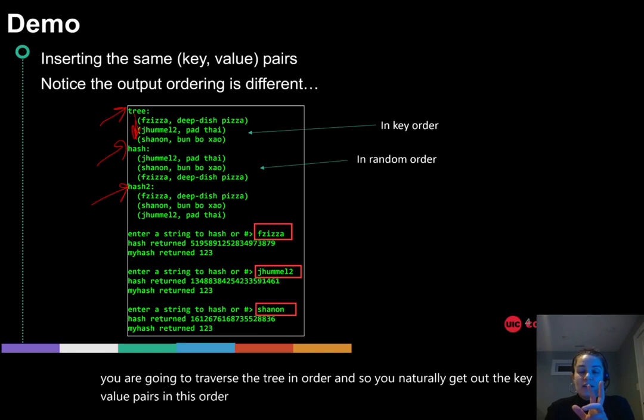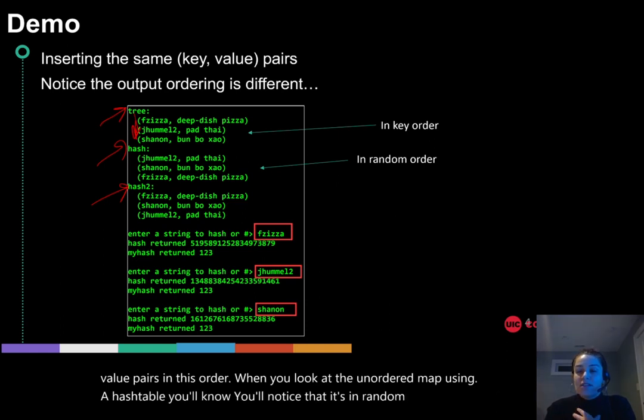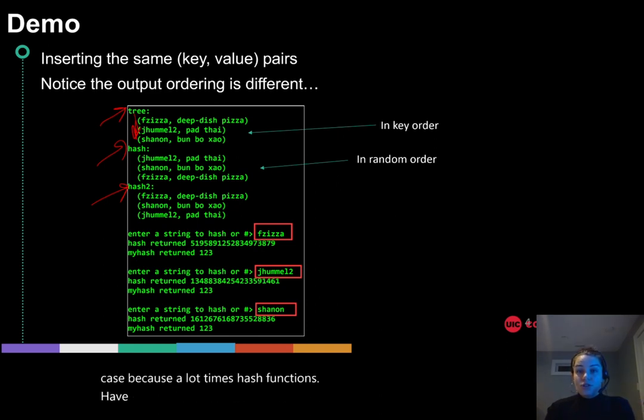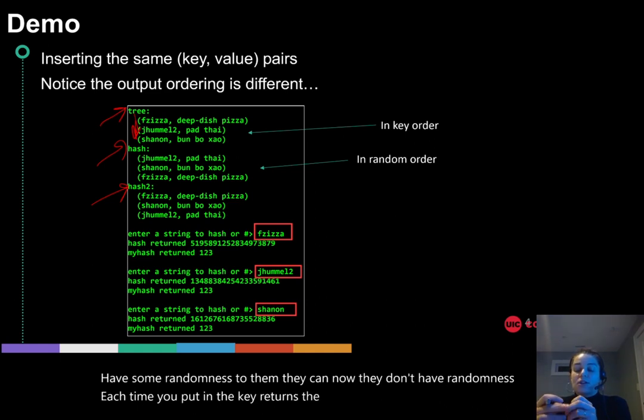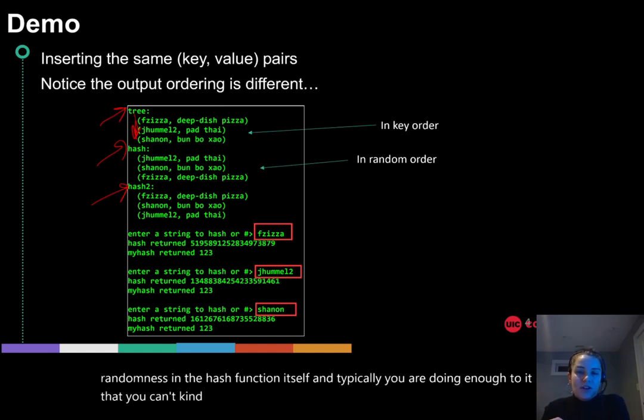When you look at the unordered map using a hash table, you'll notice that it's in random order. This is often the case because a lot of times hash functions have some randomness to them. Now they don't have randomness each time you put in the key it returns the value, but there could be randomness in the hash function itself, and typically you are doing enough to it that you can't predict what the number is.